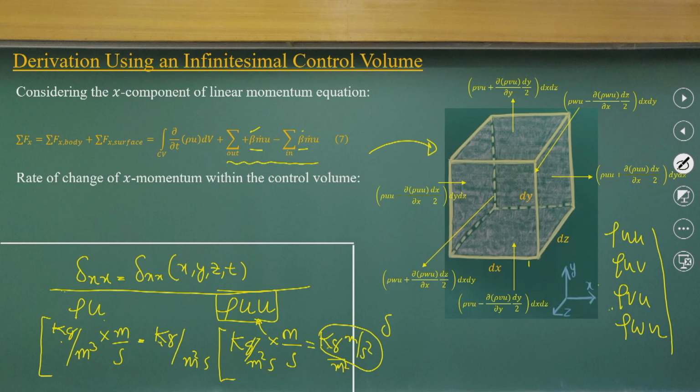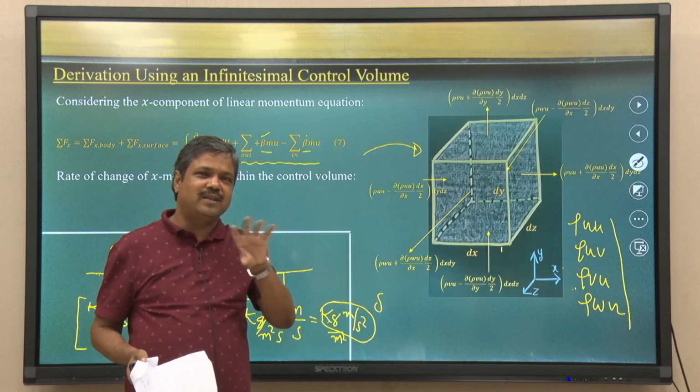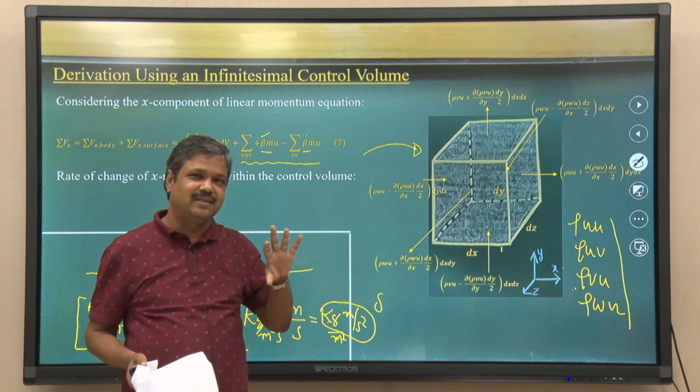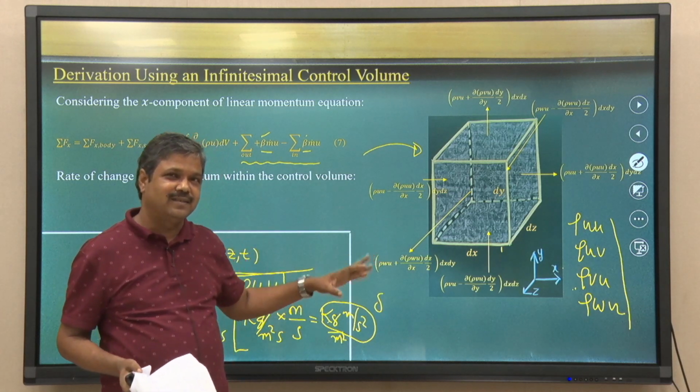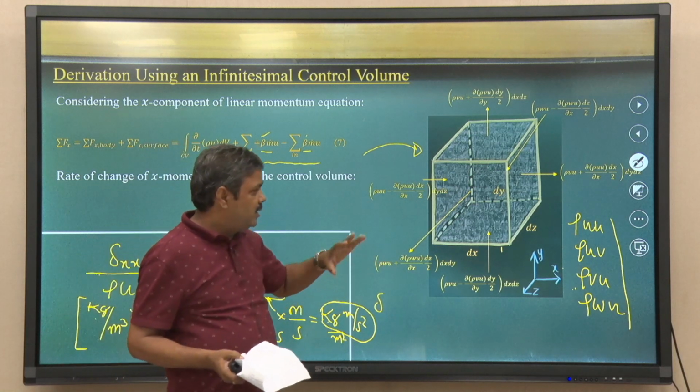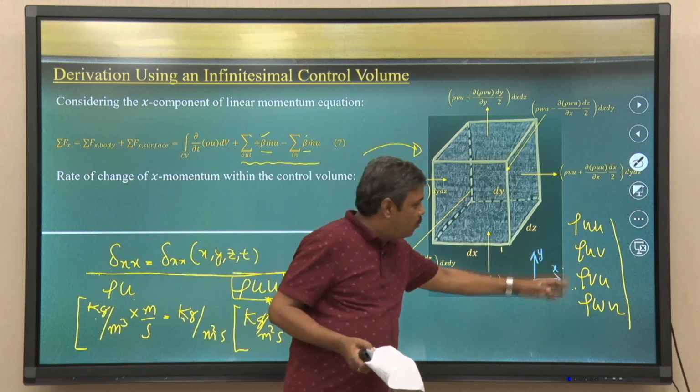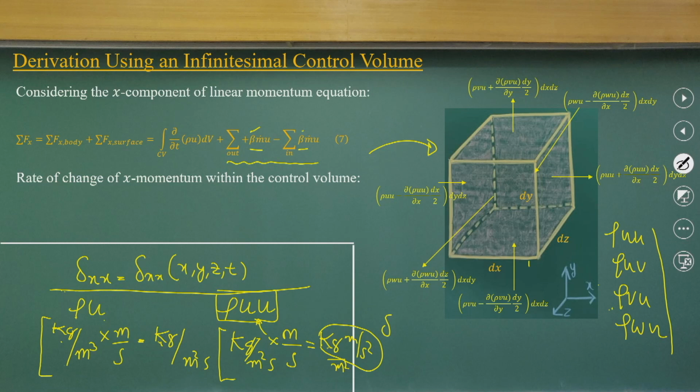So try to understand that when you have an infinitesimal control volume, your mass flux is coming in the 3 directions, and it also has the momentum flux in 9 directions in 3 dimensions. So if you compute it, it will have 9 components, equivalent to a force per unit area.